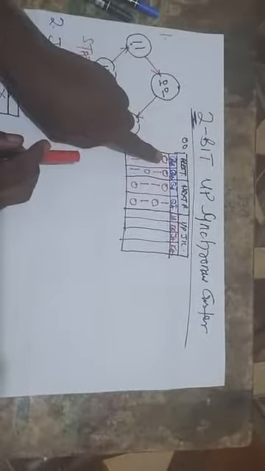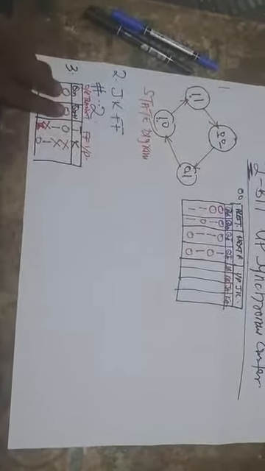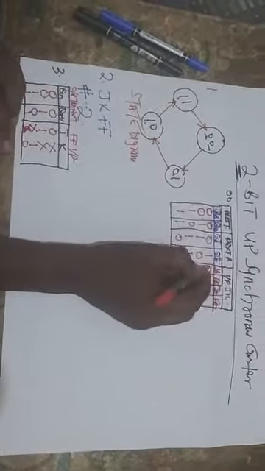I'm using a JK flip-flop, and you know that a JK flip-flop has two inputs, the J and the K. Now, when the present state is 0 and the next state is 0, you compare this to your excitation table. For that, J is equal to 0 and the K is don't care.